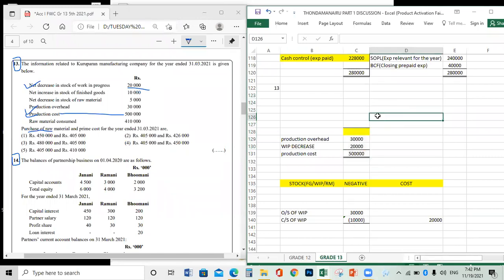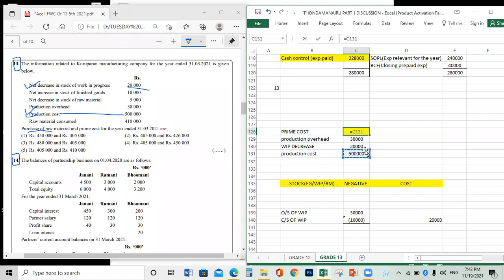Think about the manufacturing account. When you go backwards, what do you call that value? Very good. You call that the prime cost. When you go backwards, guys, you call this the prime cost.